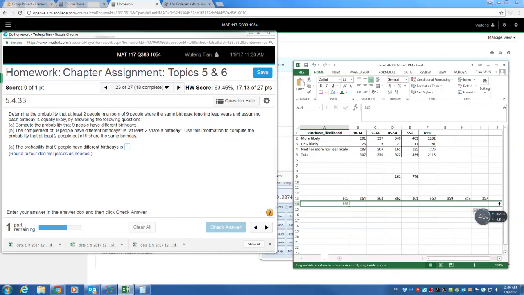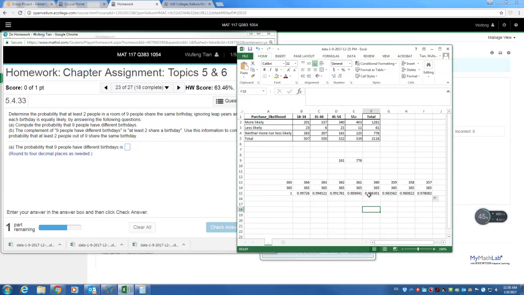And you multiply them together, divided by each other. The first person can choose any day. The next person only has 364 days to choose from, because the first person has already chosen one day.